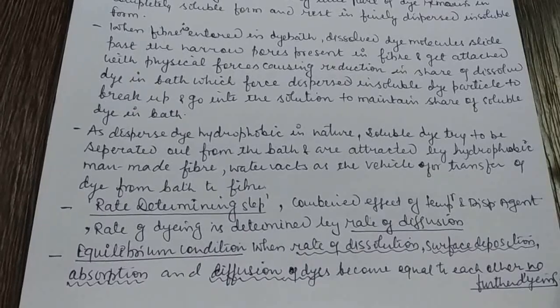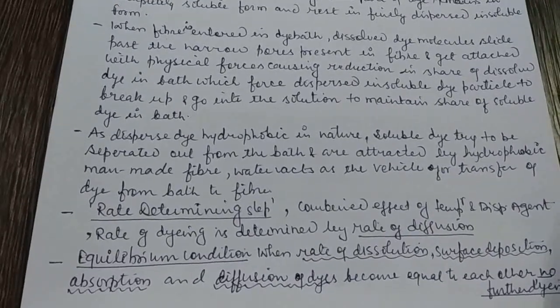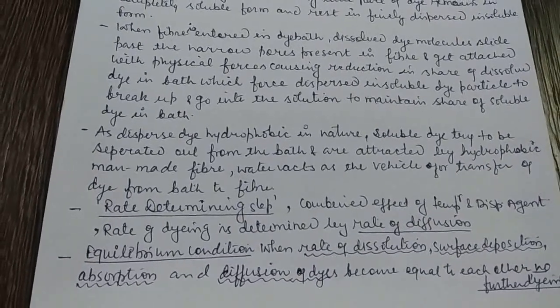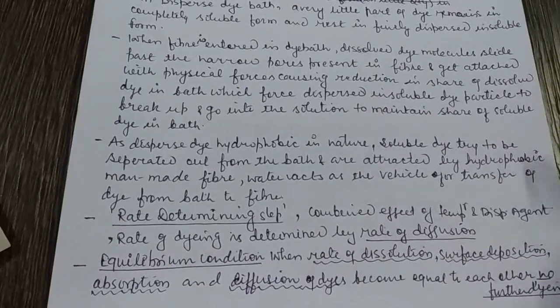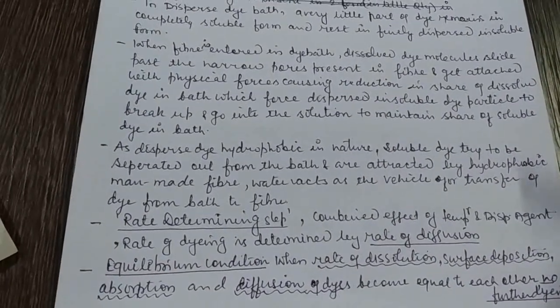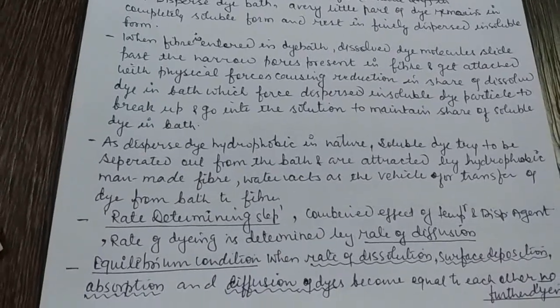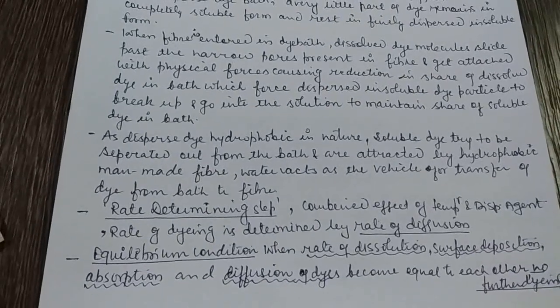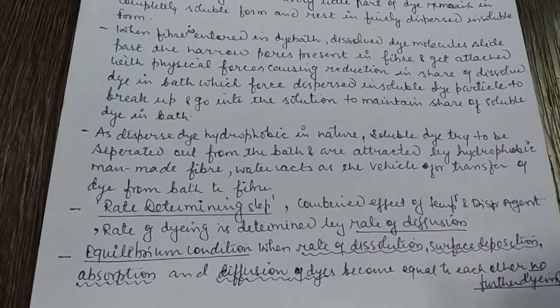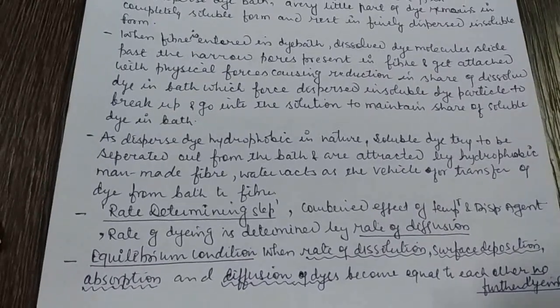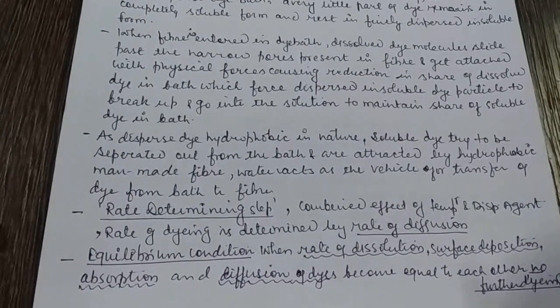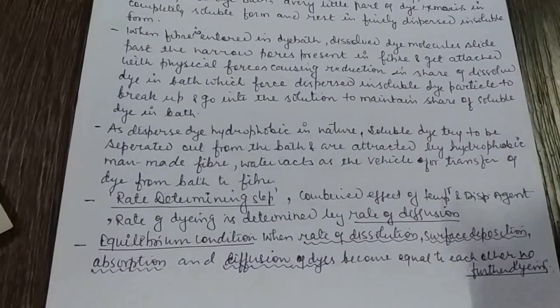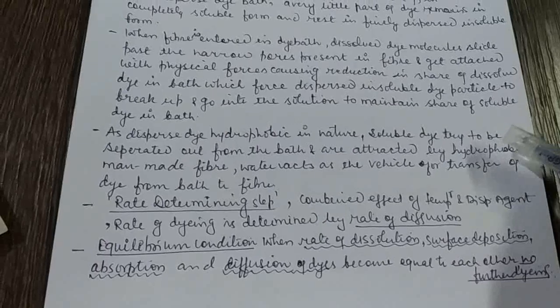As we discussed in the last lecture, the various steps of disperse dyeing are first dissolution of disperse dye, then surface deposition, then absorption, and finally diffusion of dye inside the fiber structure. So when the amount of dye taken up by the fiber does not increase, at that situation we call it equilibrium condition.